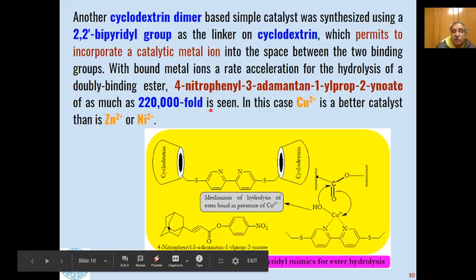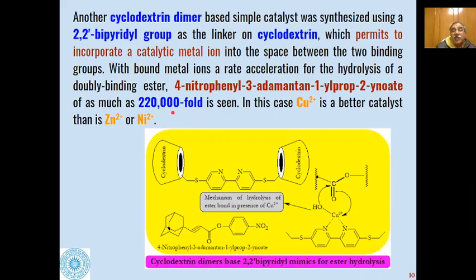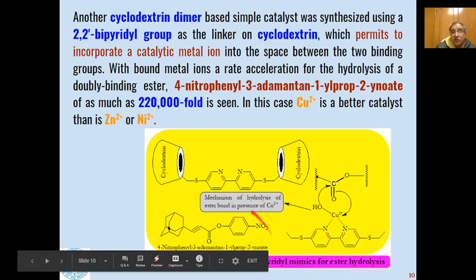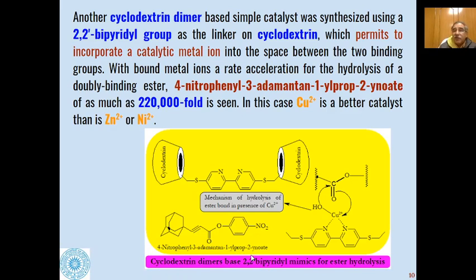So when this mimic was formed, it was seen that the reaction is 2,20,000 fold faster when the compound 4-nitrophenyl 3-adamantane 1-yl propionate is used as a substrate for its hydrolysis.